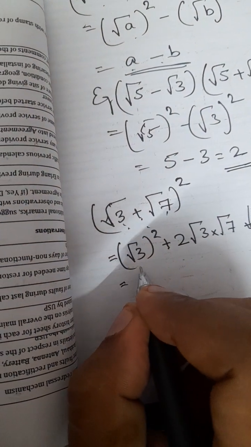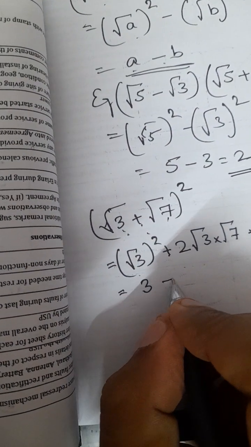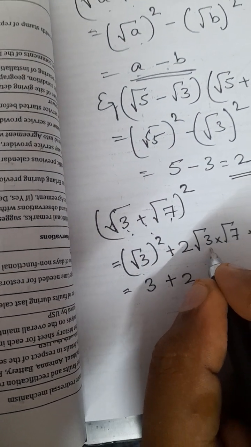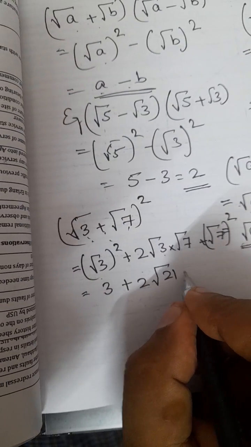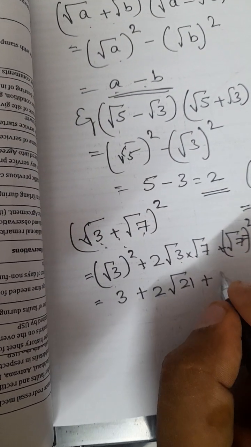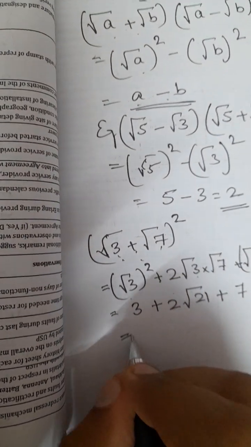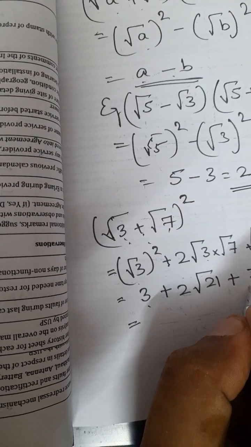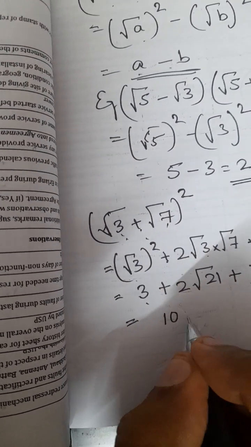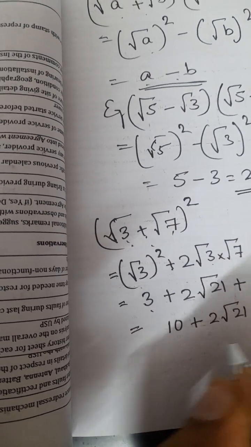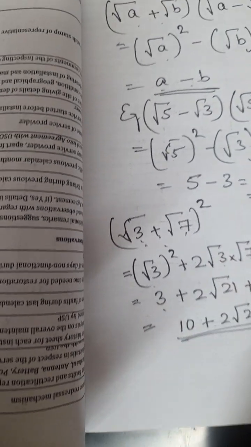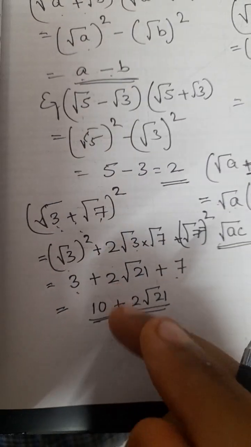So this is equal to 3 plus 2, 7 threes are 21, root 21, plus 7. So this is going to be 3 plus 7, 10 plus 2 root 21. This is going to be the answer.